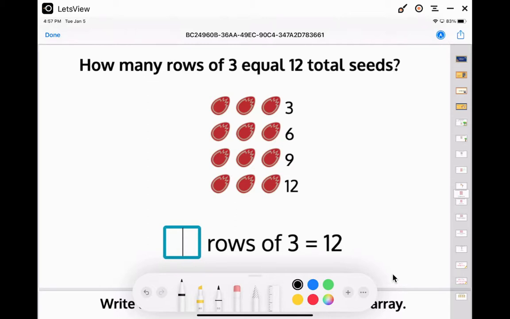Well, how many rows did we say that we had, guys? We said that there were 1, 2, 3, 4 rows. There are 4 rows of 3 to equal 12.